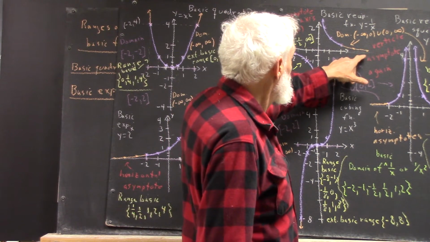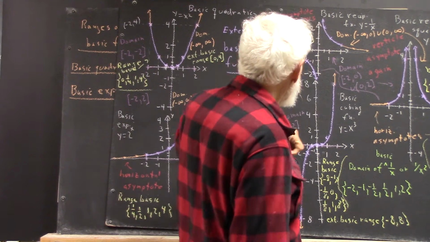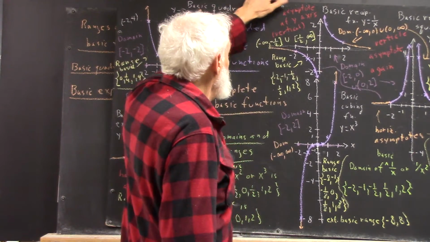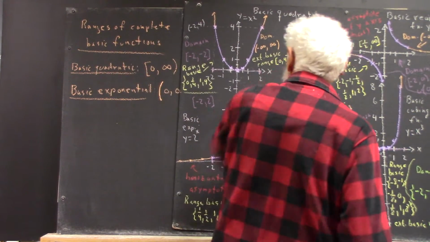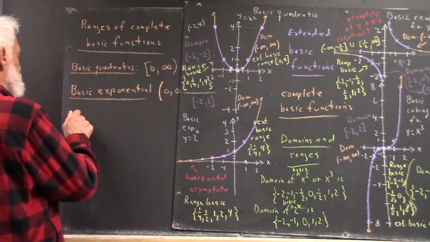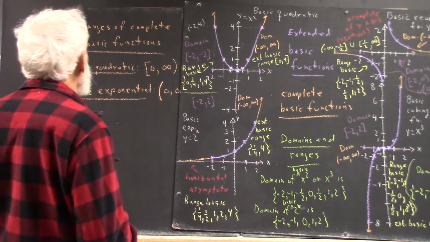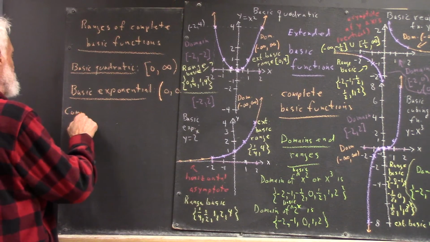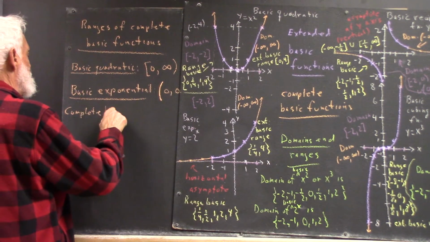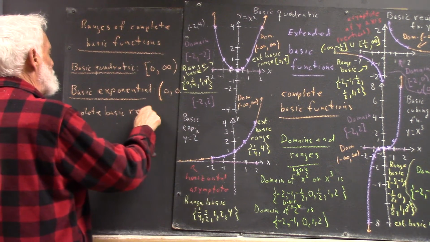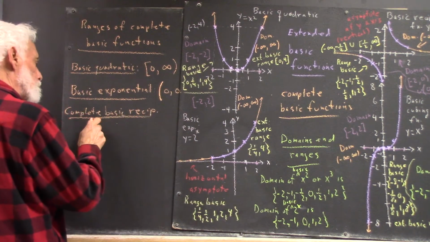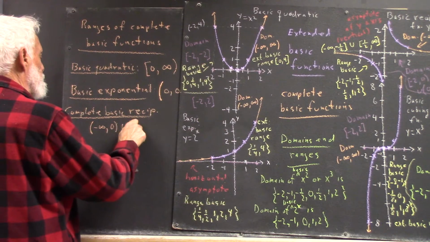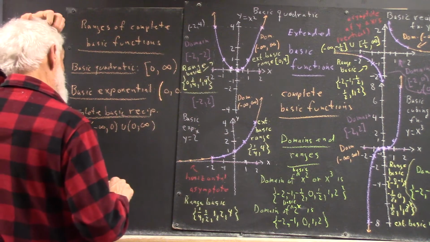But we can go any number above 0 on up to infinity here, and any number below 0 to negative infinity on this side, so that the complete basic reciprocal function, it's negative infinity to 0 union 0 to infinity.